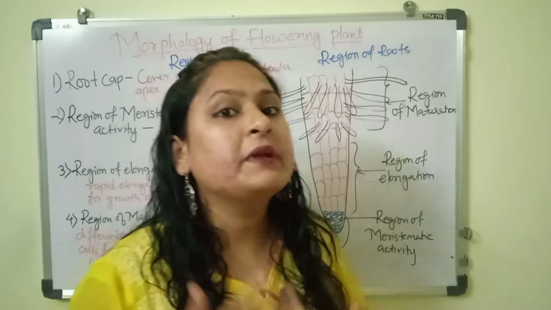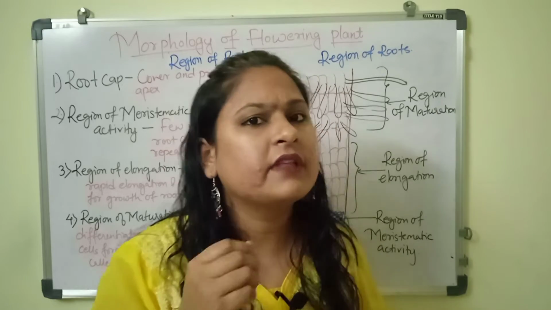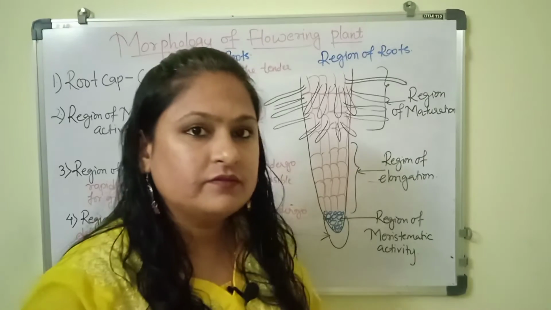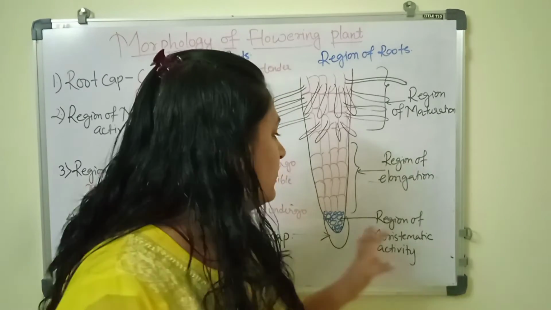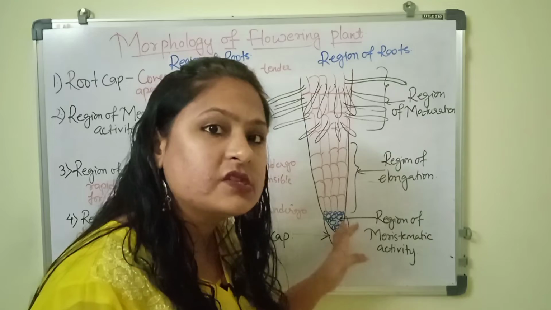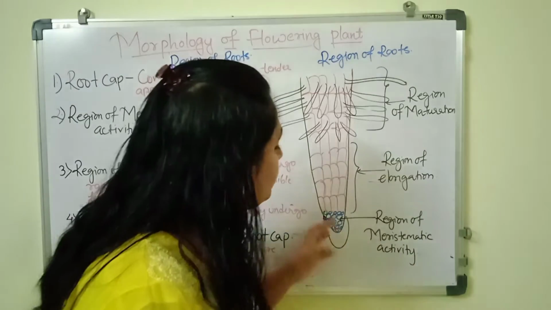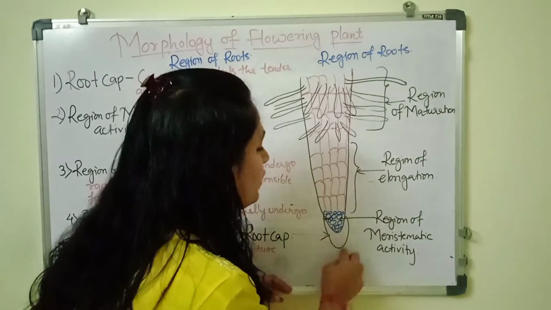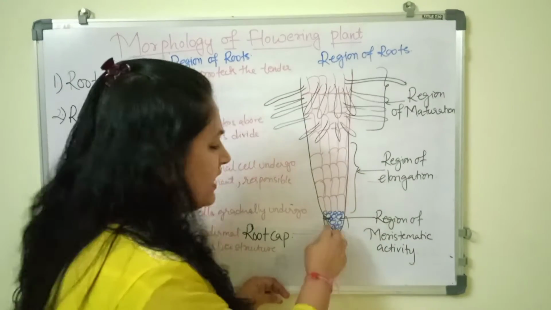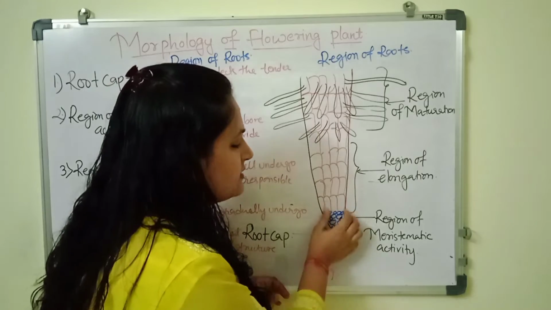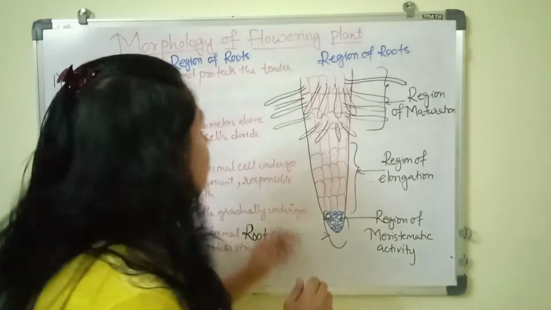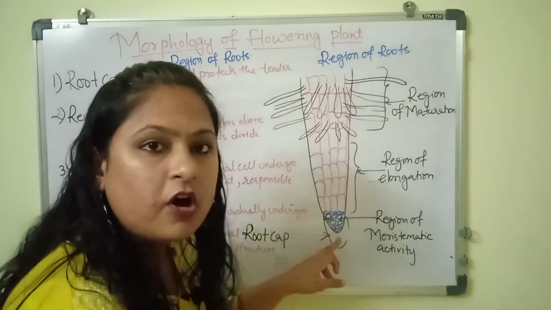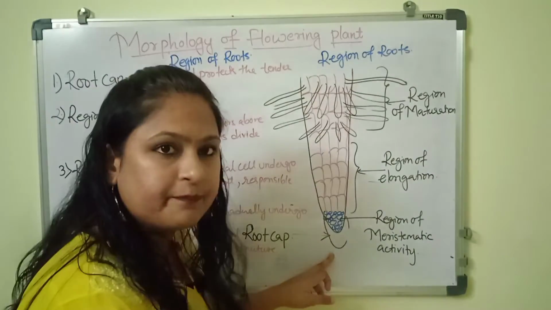These cells have to penetrate deep into the soil, so in order to penetrate, this tissue can get damaged. So in order to protect the meristematic zone tissues, there is a root cap. It covers and protects the tender apex of the root.